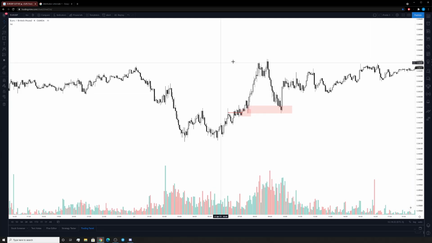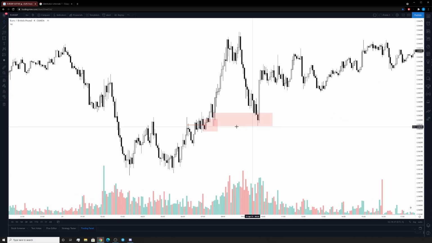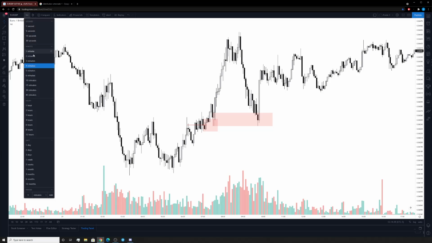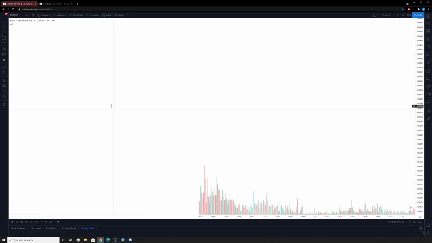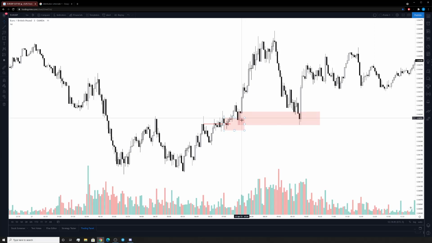So yeah, that was change of character. That's where I derived the word character from. Anyways, the M15 POI can even be brought down to another POI. There are now two POIs inside of here. Obviously, the lower the better. Buy lower, sell higher. You can even see that POI there.